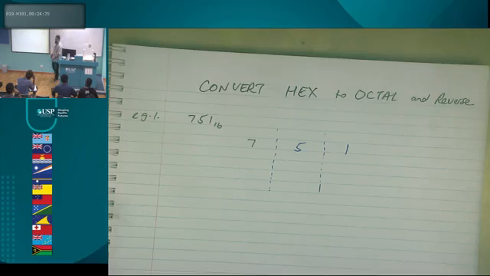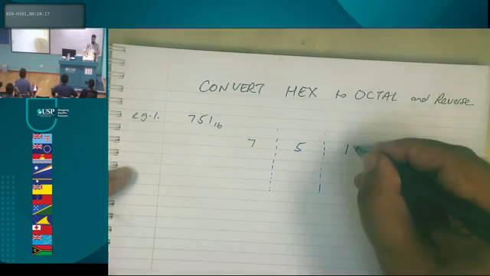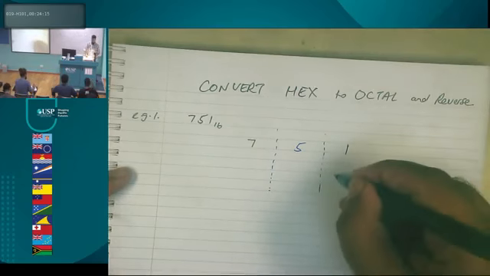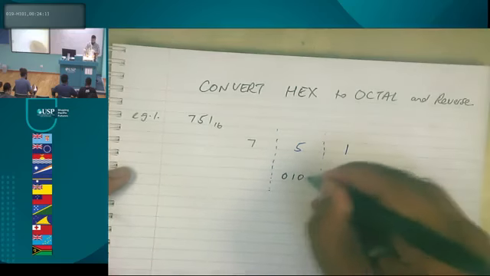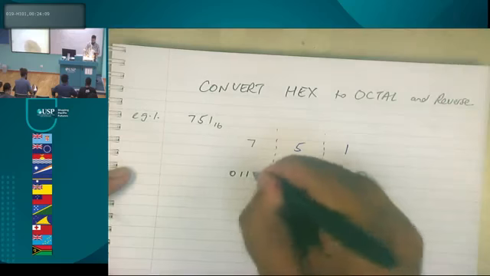Then from decimal to binary, that's the second stop. Then from binary we went into octal, that's the third stop. So we had to do 3 stops. So in this one, it'll be much faster. So 1 in 4 bits, because we're going into binary now. 0001, 5 is 0101, 7 is 0111.